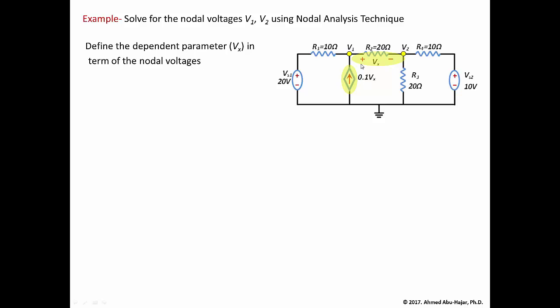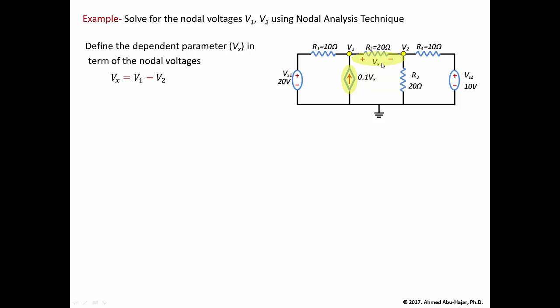Then you can see that Vx is basically defined as the voltage from V1 to V2, which means that the voltage at V1 is going to be higher than the voltage at V2 in terms of Vx. So you need to be consistent with the polarities here when you define Vx. Then we can state that Vx is basically V1 minus V2.